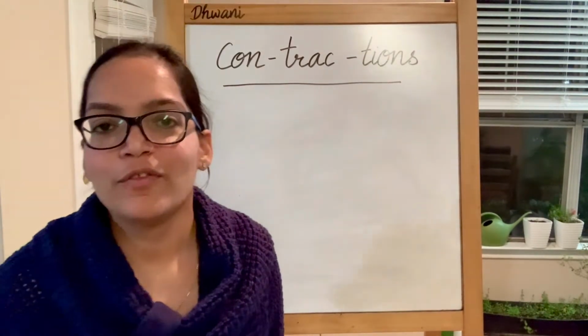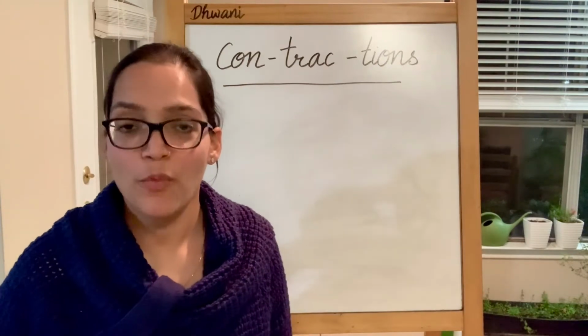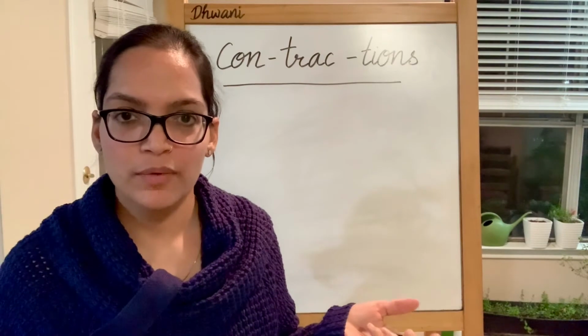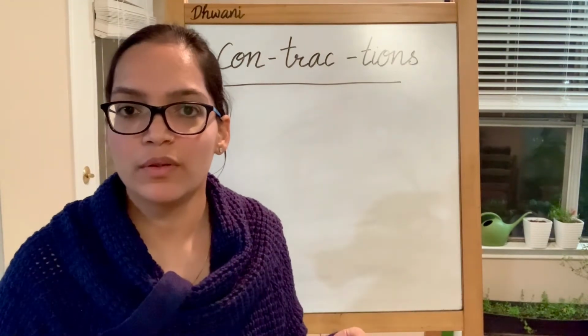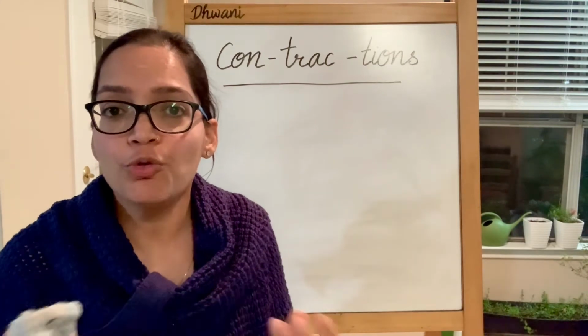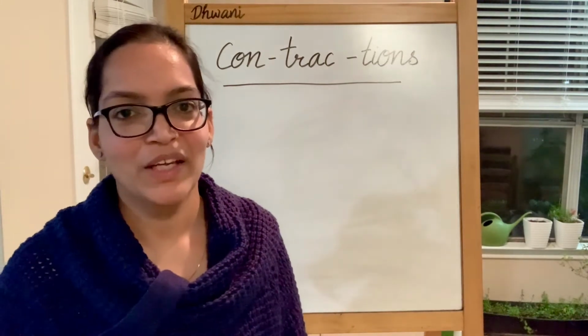Now we have two tricky contractions where the alphabets in the first words are not there. They're not present in the second word too. But somehow in the contracted word, new alphabets appear magically. Let's see.